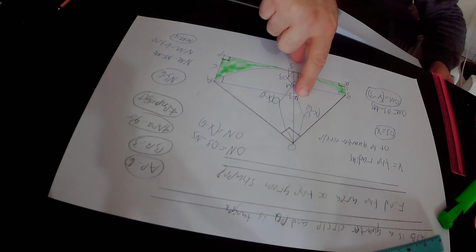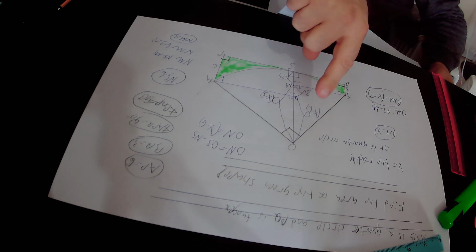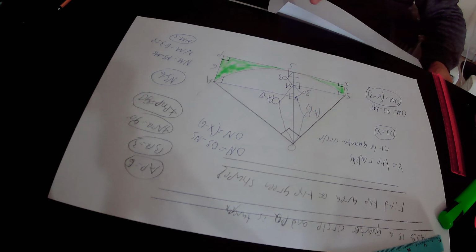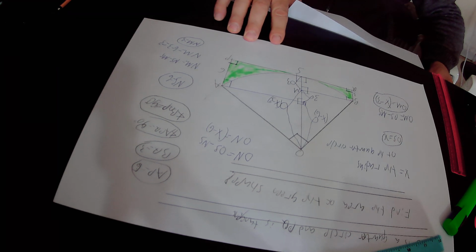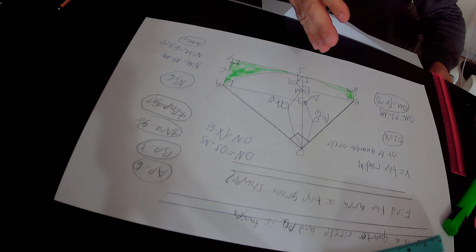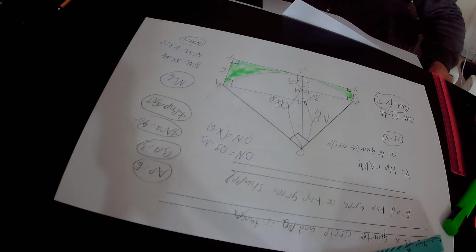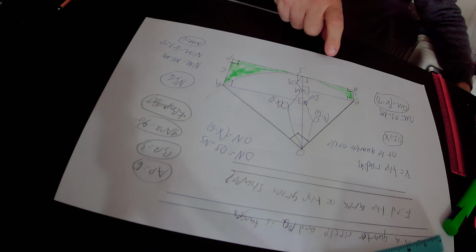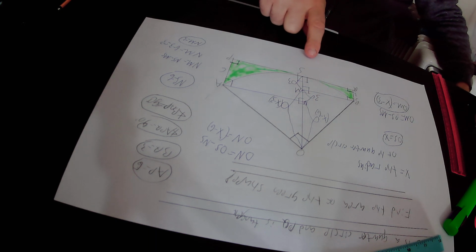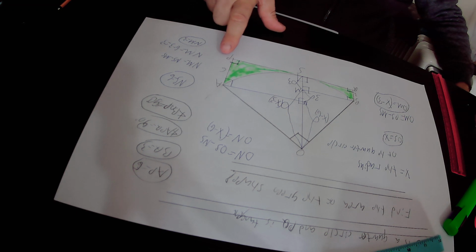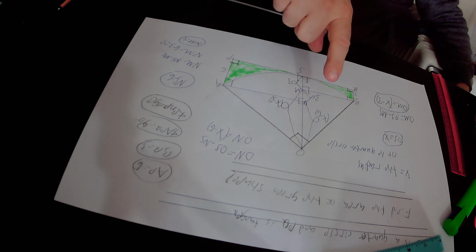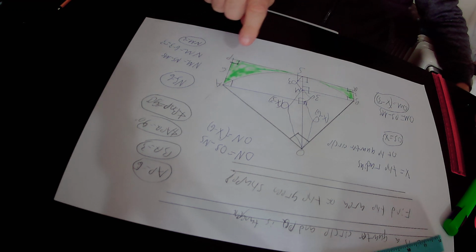NS is part of OS, and OS, the radius of the circle, is absolutely a straight line. So we know that part of the straight line OS, that is NS, is parallel to the straight line AP. If a part of a straight line is parallel to another straight line, then the straight line itself must also be parallel to the other straight line.